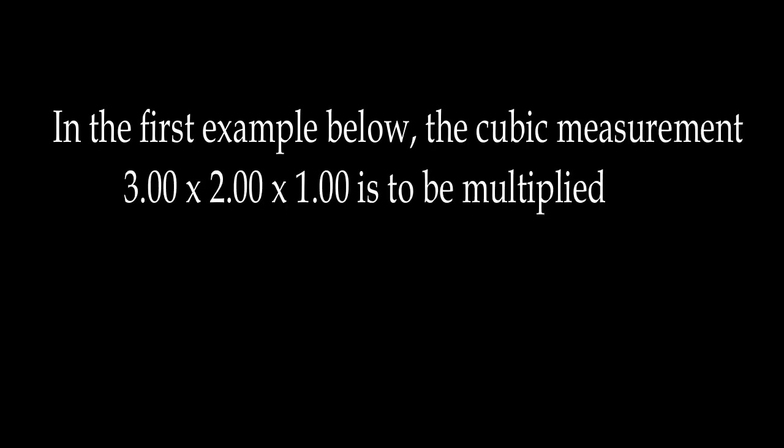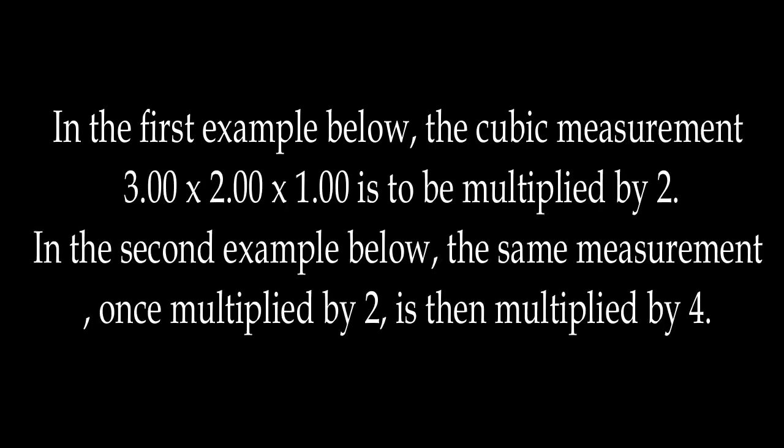In the first example below, the cubic measurement 3.00 times 2.00 times 1.00 is to be multiplied by 2. In the second example below, the same measurement, once multiplied by 2, is then multiplied by 4.